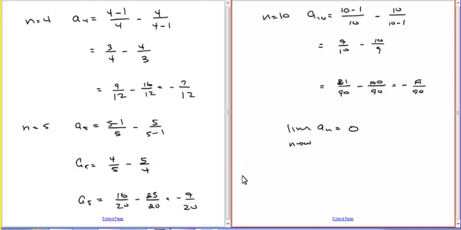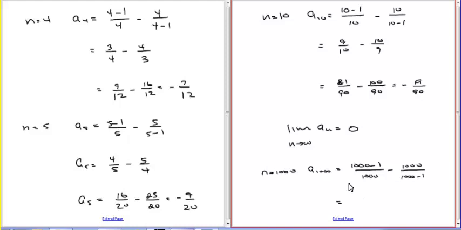Let's just try one really big number. That's not really big, but a sub 1,000. You get (1,000 minus 1)/1,000 minus 1,000/(1,000 minus 1).